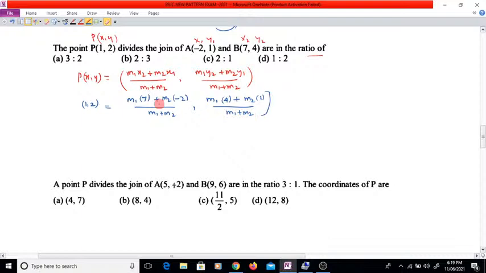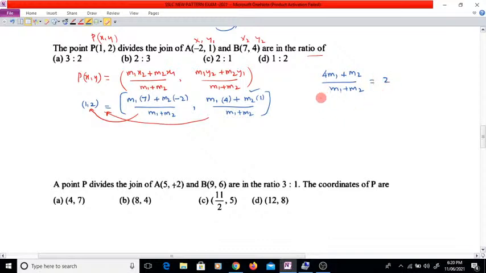We can equate now. This is equal to 1 and this is equal to 2. So we can equate any one. We'll equate the second one, that is, 4 m1 plus m2 divided by m1 plus m2 equals 2.